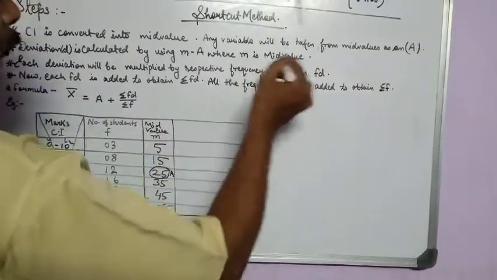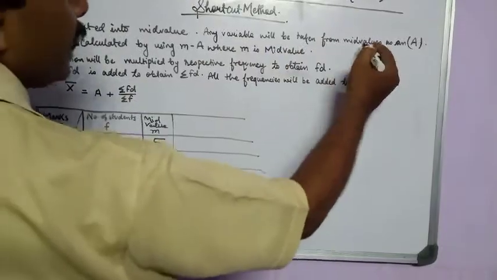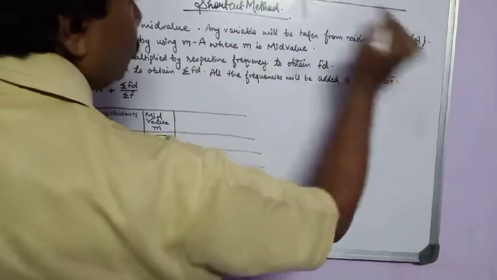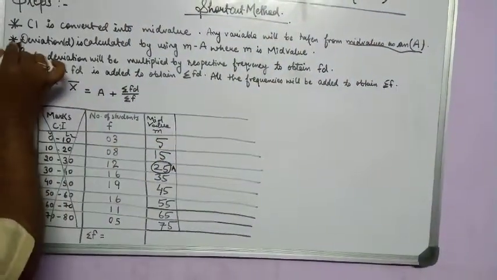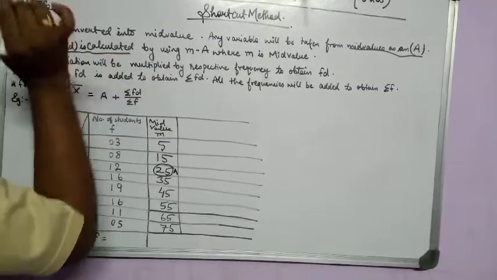Why do we take the mid value as an assumed mean? To calculate deviation D. Clear?